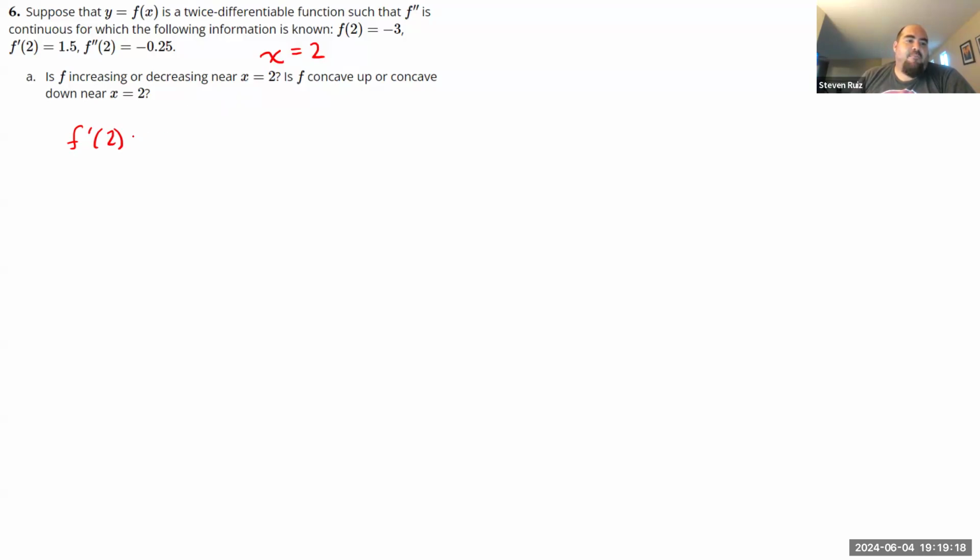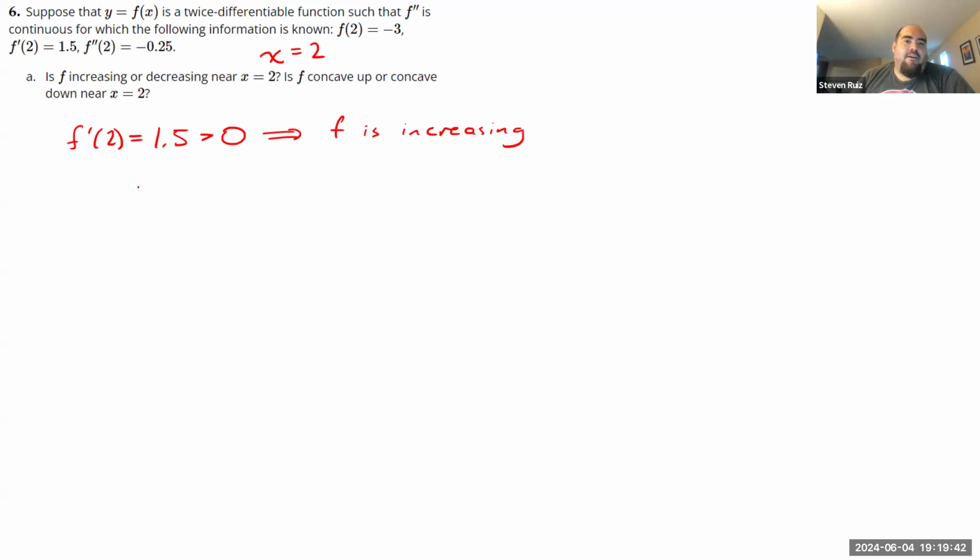We know that f prime of 2 is 1.5. Most importantly, that is a positive number, so this implies that f is increasing. Positive derivatives indicate that your function is increasing at that point.